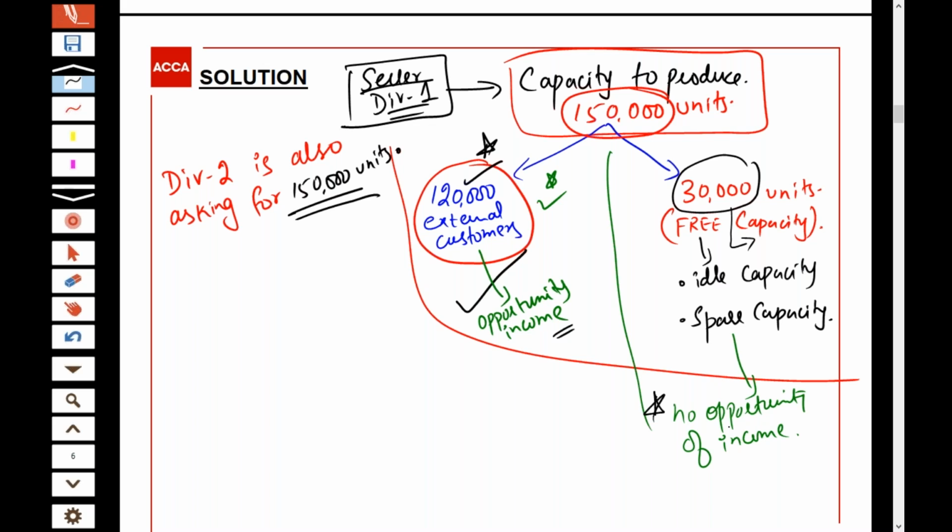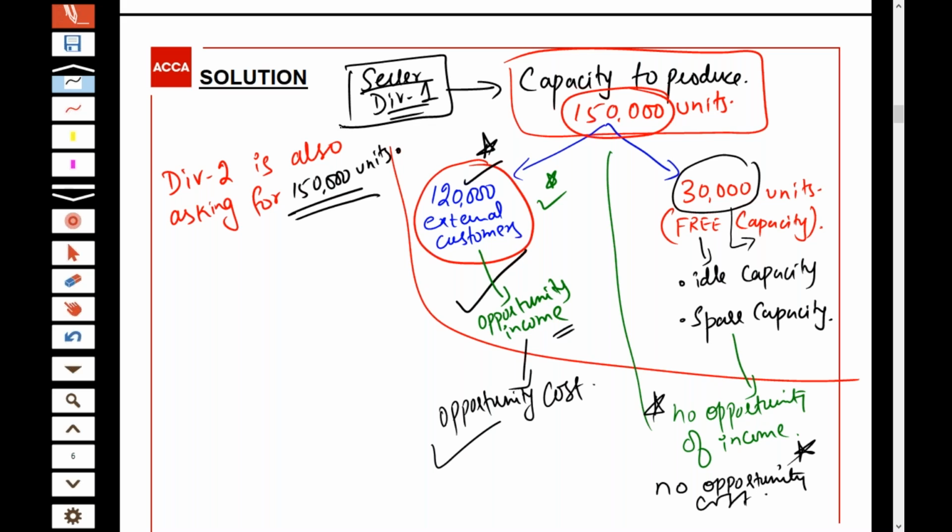So when you have something to lose, you consider opportunity cost. Here, there is no opportunity of income, so no opportunity cost. Here is opportunity of income, so there is opportunity cost. And opportunity cost is simply the loss of contribution.